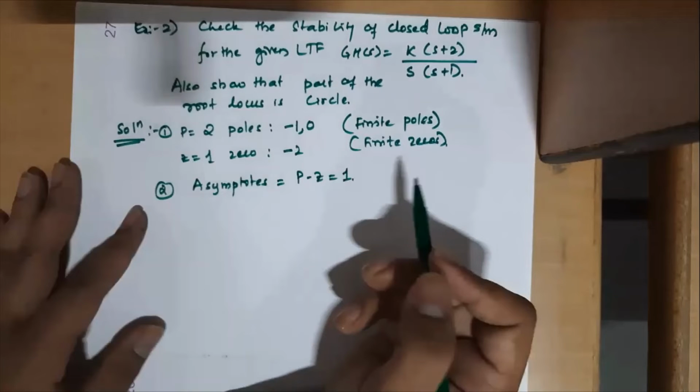So what does only one asymptote mean? It means there is one branch of root locus which will follow the asymptote and end at infinity. That branch of root locus does not have a zero to end, therefore it has to end at infinity.